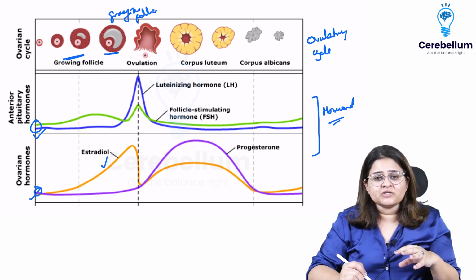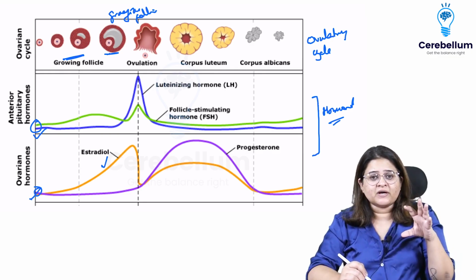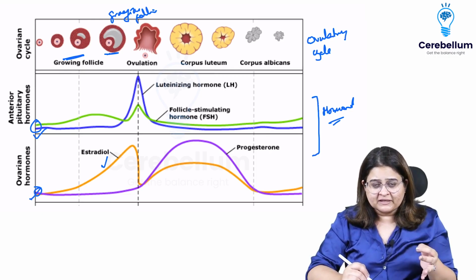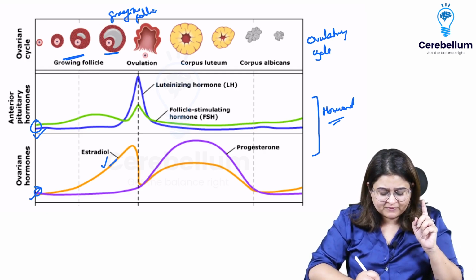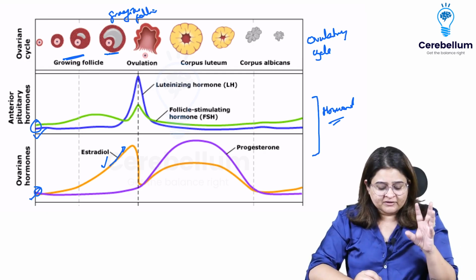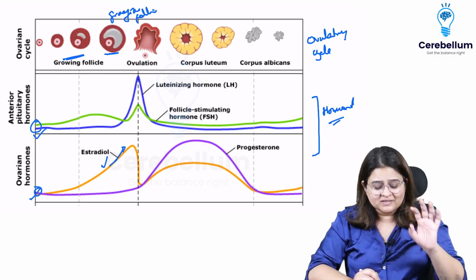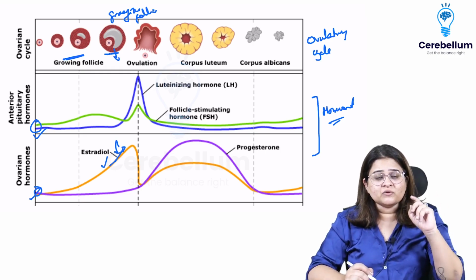Now, estrogen and progesterone have a negative feedback on FSH and LH. If you remember the HPO axis, estrogen and progesterone have a negative feedback on FSH and LH. But there comes a point when the estrogen becomes very, very high, when the Graafian follicle is mature and secreting the maximum amount of estrogen. At this point, what's going to happen?